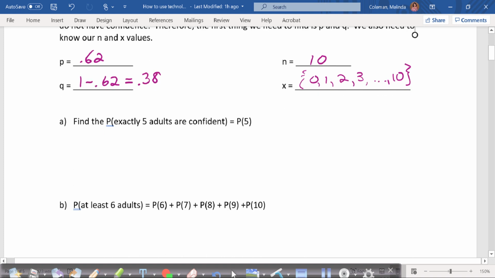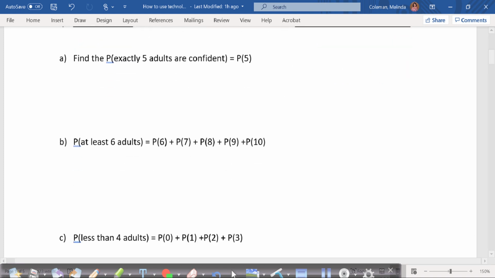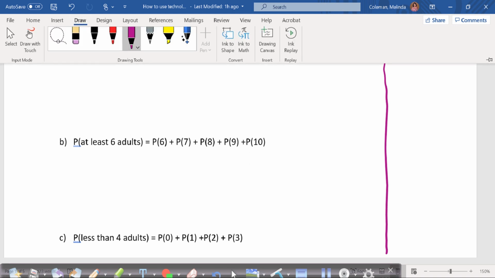So after I figure out all of these values, I'm going to make a quick distribution table to help me solve the rest of my problems. So I'll need a table to find my X values and my P of X's.